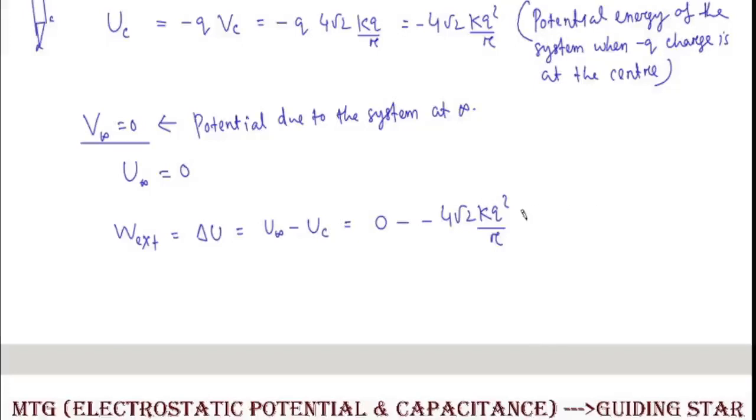So here if we put this value, that means we will be getting 4√2 k q square by r.